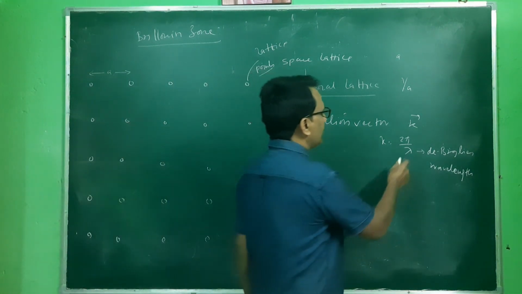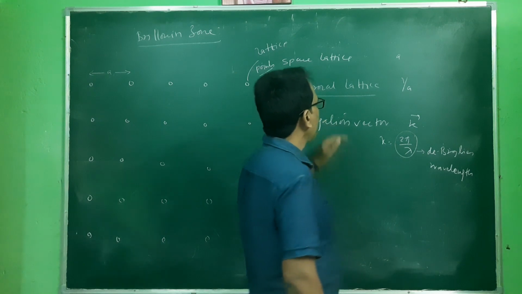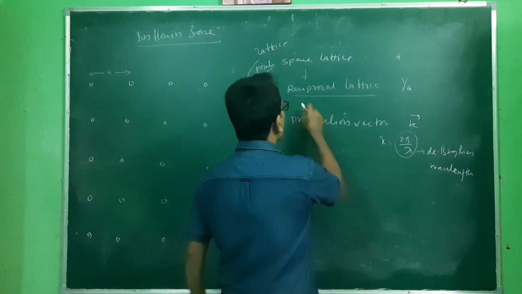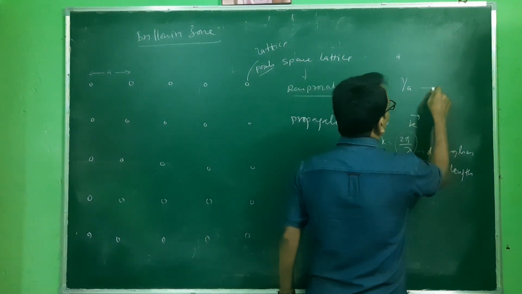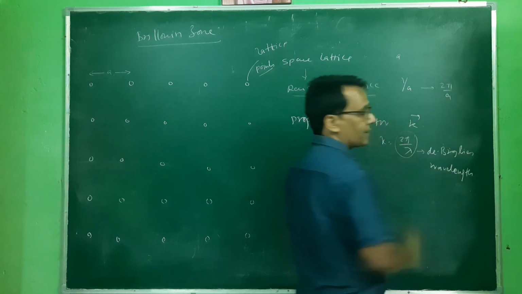So here the scale is 2 pi by K. Instead of just 1 upon A, we take the scale as 2 pi by A in the reciprocal lattice.